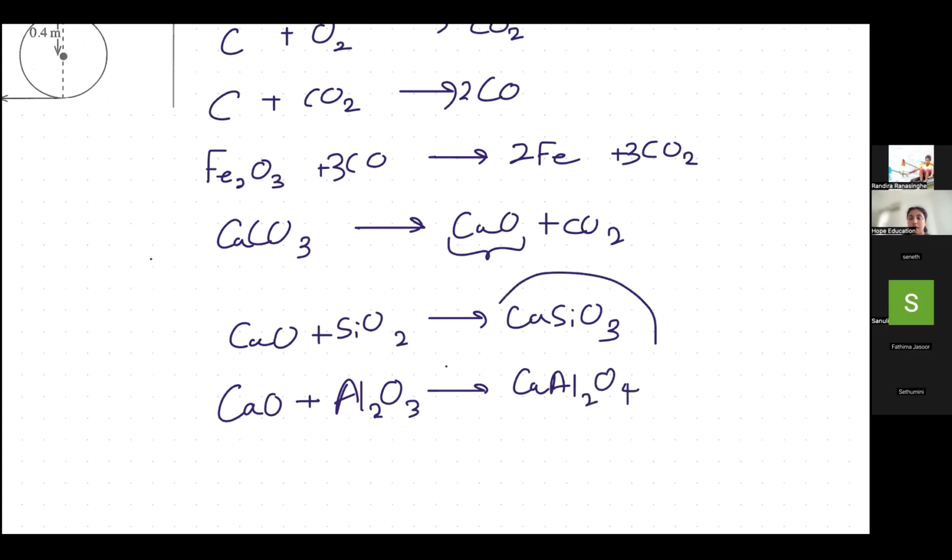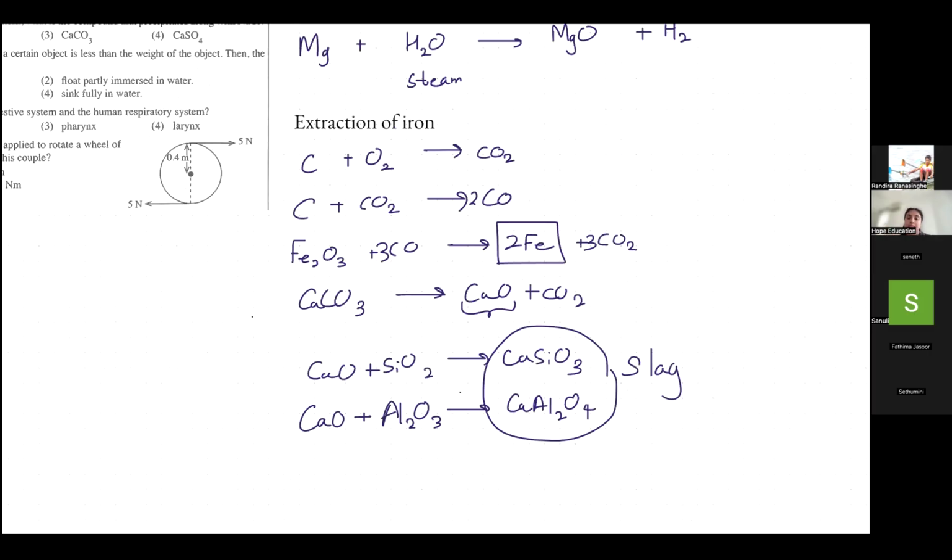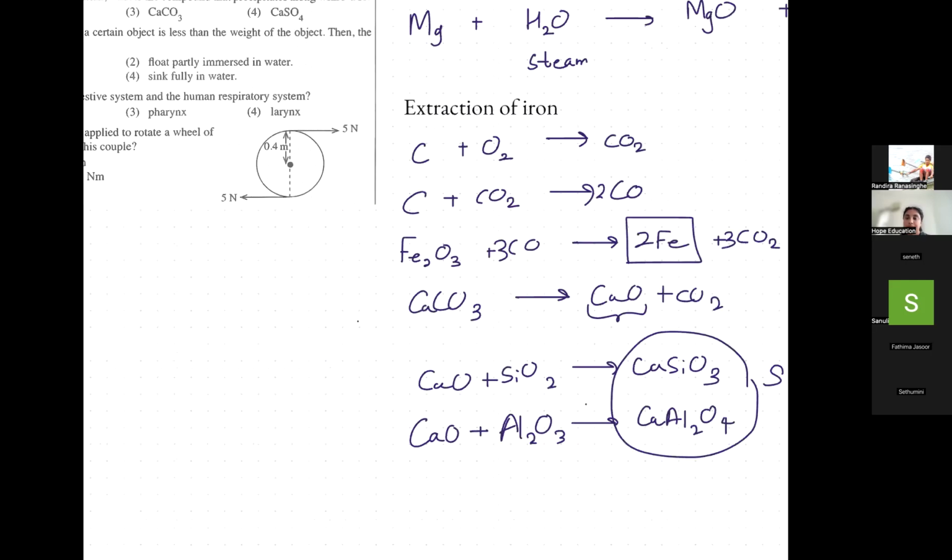These two together I call slag. This is molten iron. Did you write it this way? Give me a thumbs up if you wrote it this way. Others?